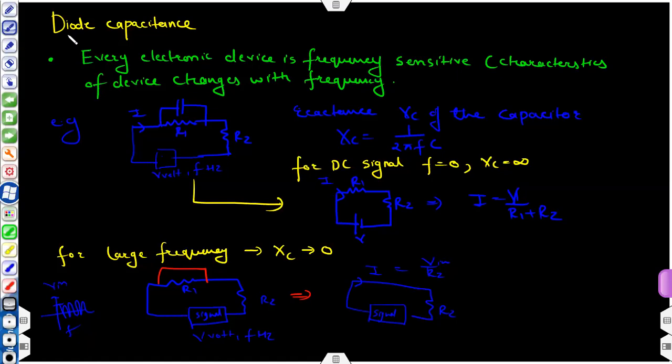So now after resistance, we will be discussing the capacitance of PN junction diode. Every element has some resistance, capacitance, and inductance. Even our human body exhibits some resistance.